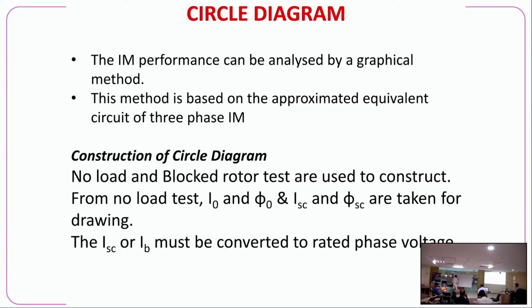So what is that current? I am writing it as I short circuit at nominal voltage, N. Some symbols are there: N means nominal voltage, rated voltage. So this current is I short circuit at rated nominal voltage, ISCN.